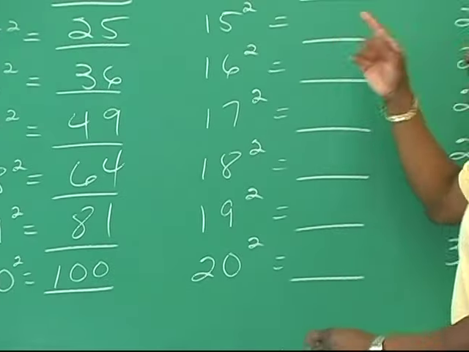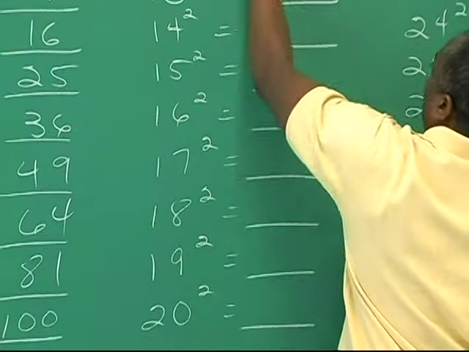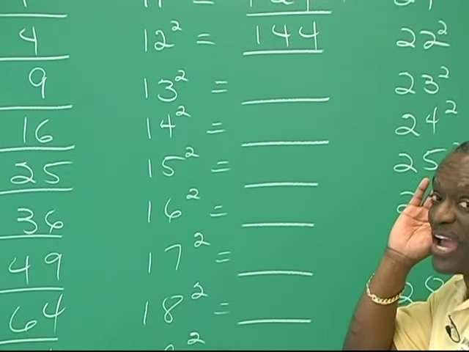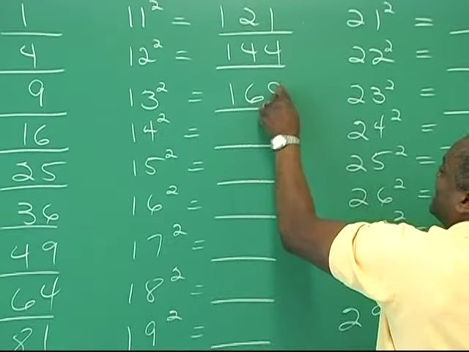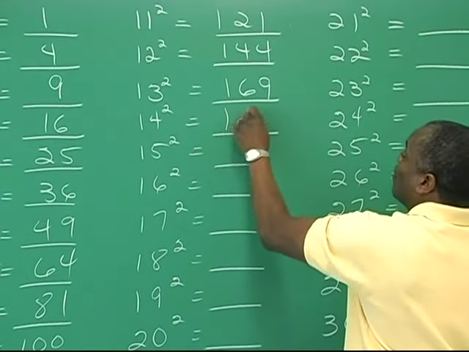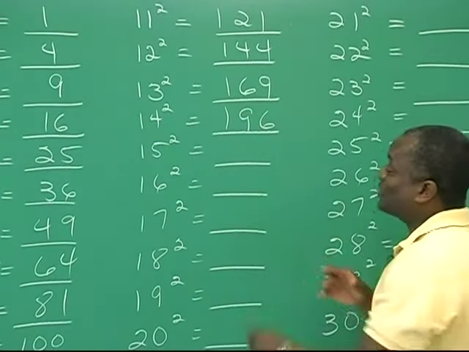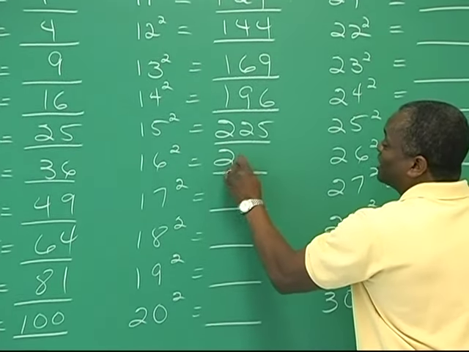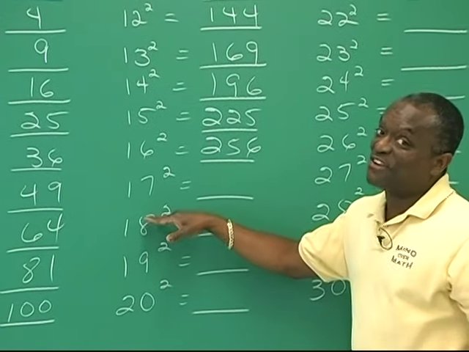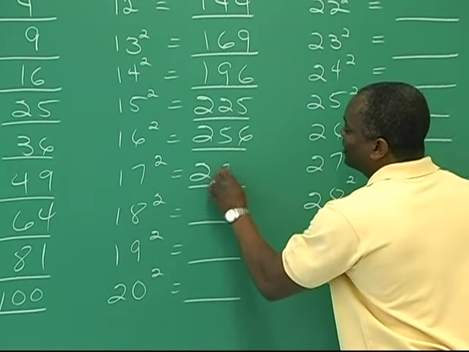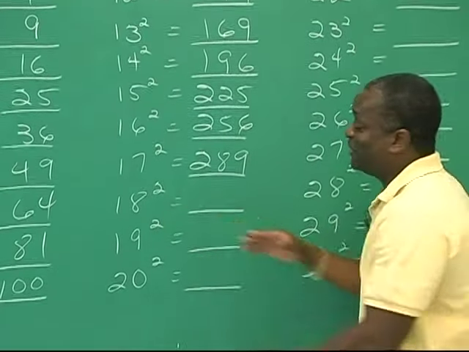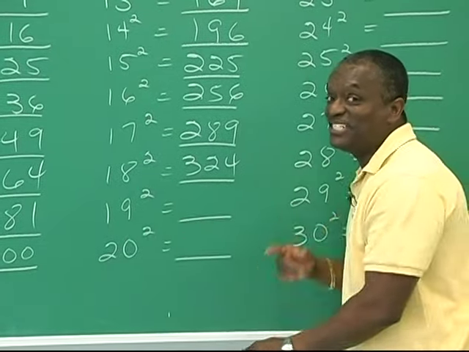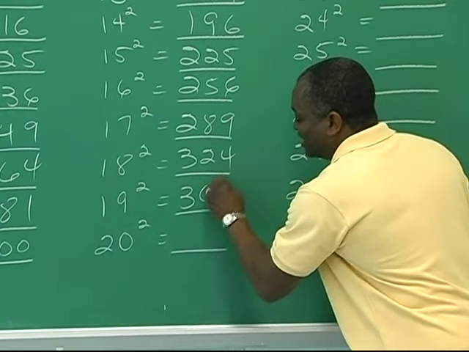Very good. 11 squared, excellent. 121, 12 squared is 144, 13 squared, right, 169, 14 squared is 196. 15 squared, you know, is 225. 16 squared, of course, is 256. 17 squared, right, 289. 18 squared, we know, is 324. And of course, 19 times 19, right, 361.